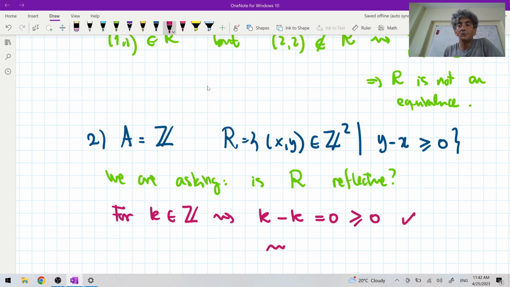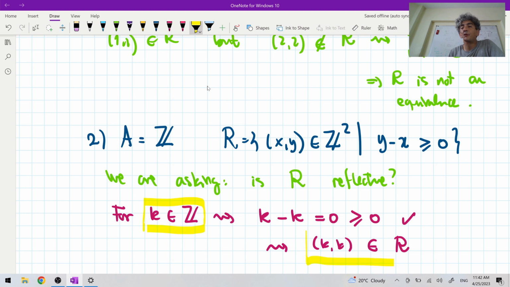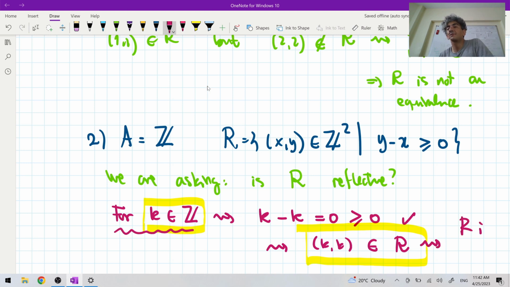So this means that the pair k, k actually belongs to R. So we have proved that if we pick an integer, then the pair k, k belongs to R. And this is valid for every k in Z, so R is reflexive. Okay, so we are dealing now with a relation that's actually reflexive.